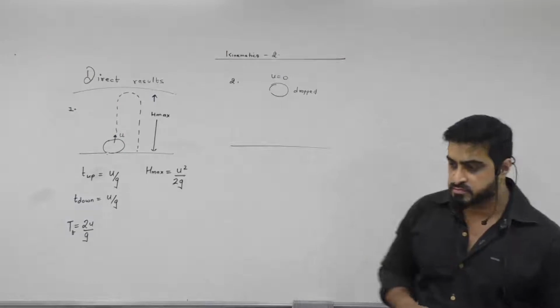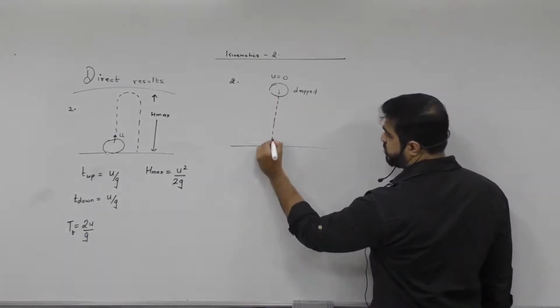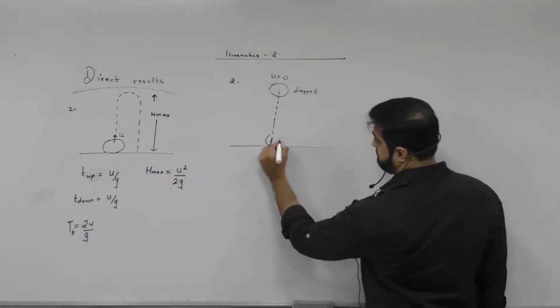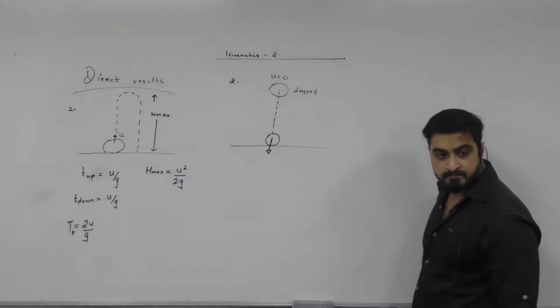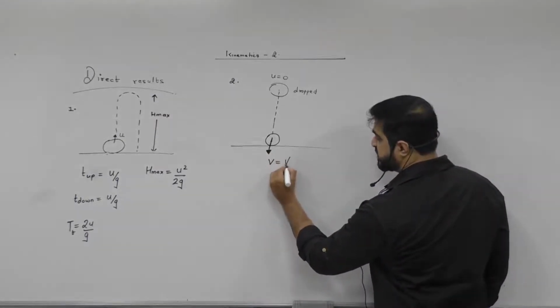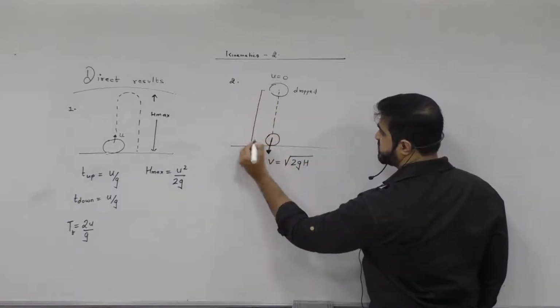Can I say it will come down and hit the ground with some velocity? The velocity with which it hits the ground is under root of 2gh, where h is the height from which it is dropped.